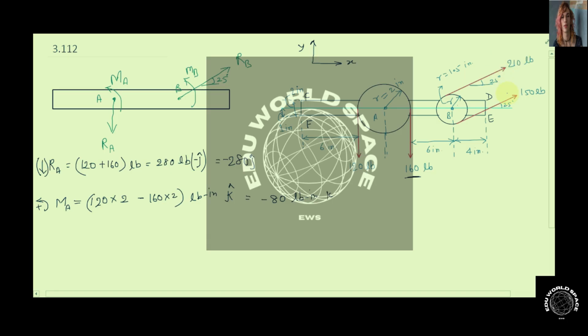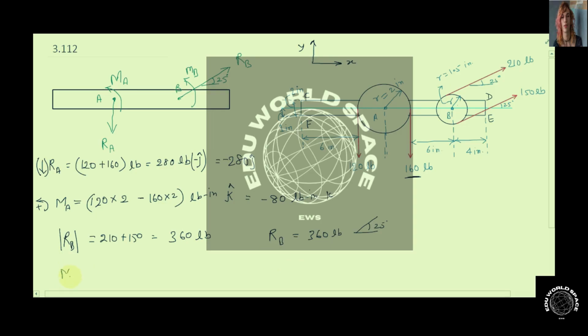So if they are parallel forces, we can directly add them, and the magnitude of the equivalent force will be 210 plus 150 pound, which comes out to be 360 pound. So we can write the equivalent force at point B as 360 pound, making an angle of 25 degrees with horizontal.